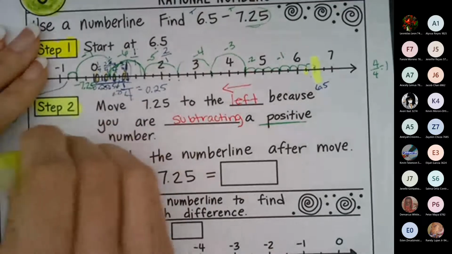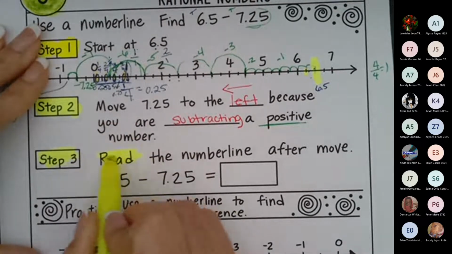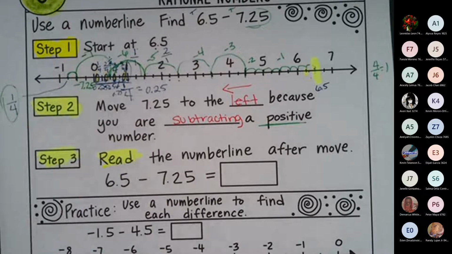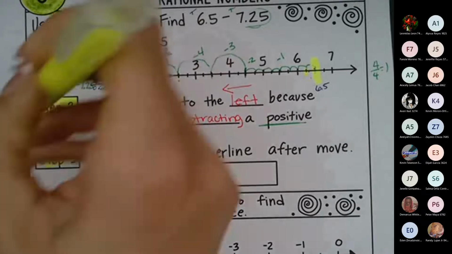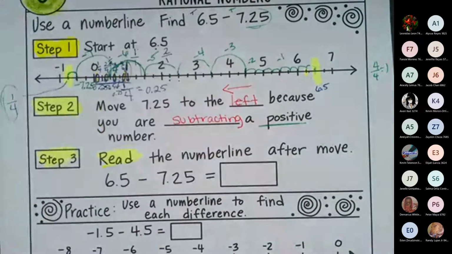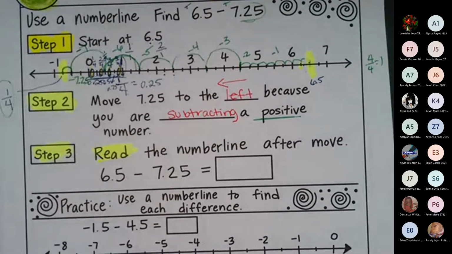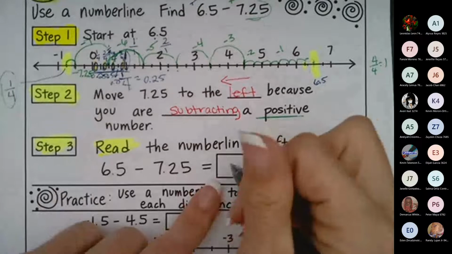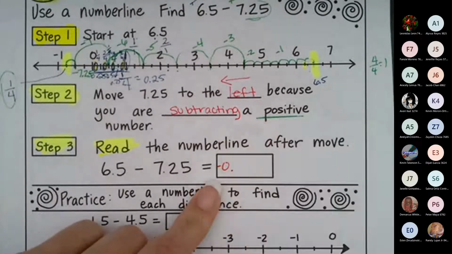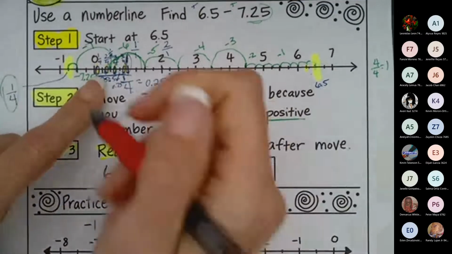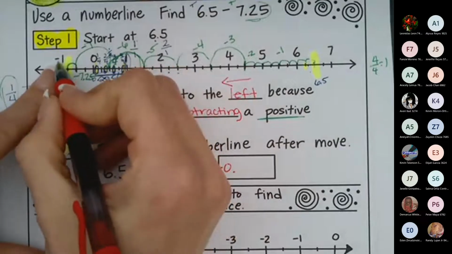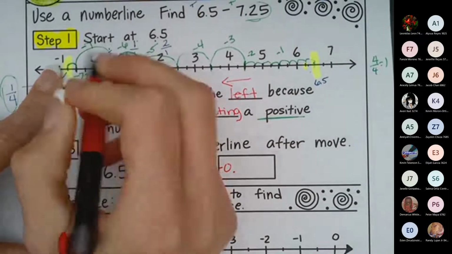So now I need to read the number line. Reading the number line, that puts me in between 0 and -1. So I know that my value is going to be -0, something, because it is greater than -1, so my whole value is not going to be -1.